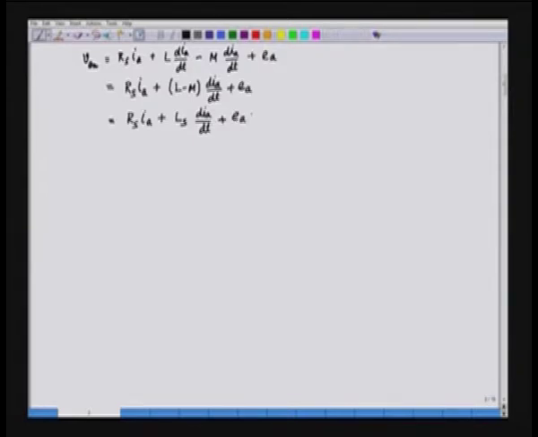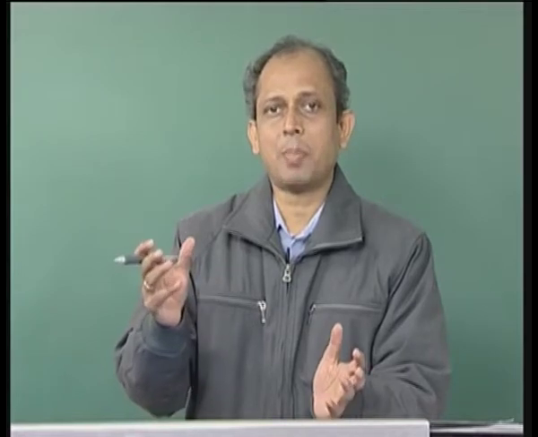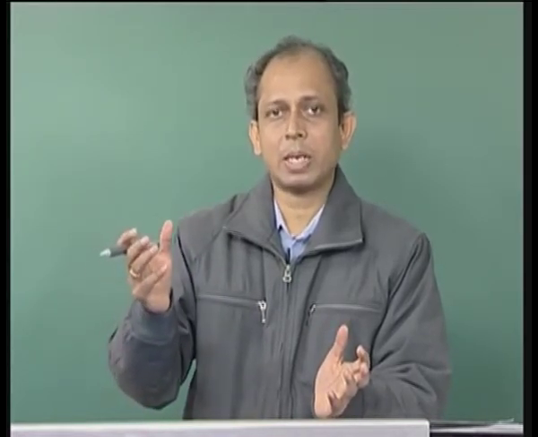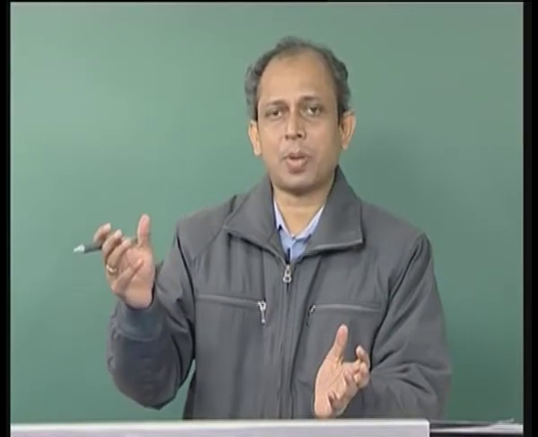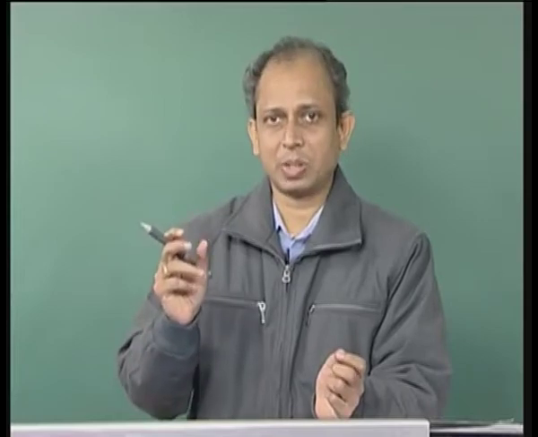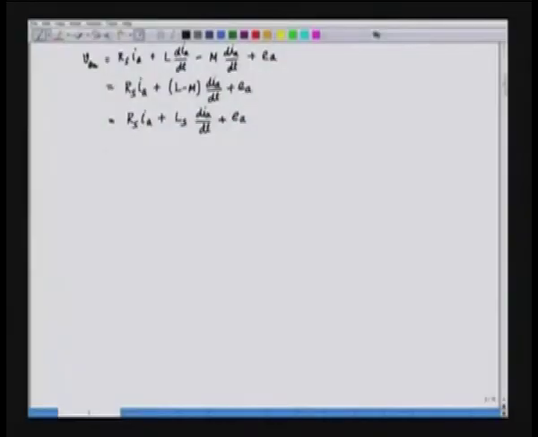We can say LS is something like the inductance of phase A, because as it appears from this equation, phase A can be treated independently. Because we have a star connected machine, IA plus IB plus IC equal to 0, and by virtue of that we can independently consider each phase. So, LS is the inductance of each phase.